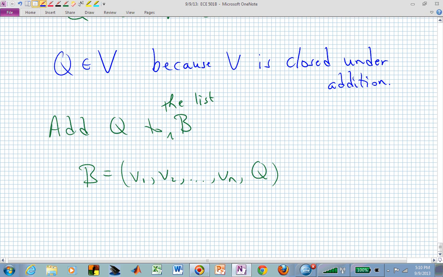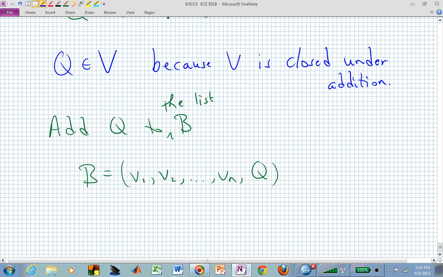It'd be nice if B now spans all of the space, wouldn't it? Then we would be done. If it doesn't, then we just repeat the process. We pick another Q. Let's call it Q sub 1. Throw that into B, and now we have something that's spanning more of the space.